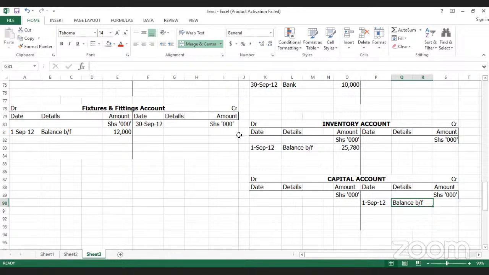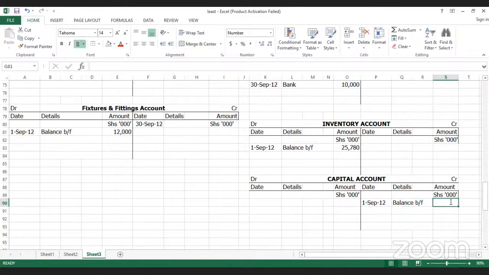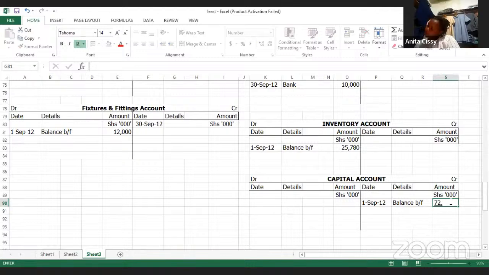How much is that capital? Members, check your part A. How much is that opening capital? 7,220. 7,200 and what? 260.